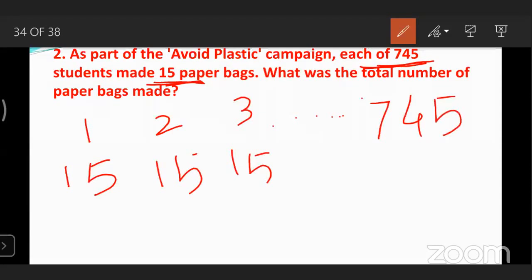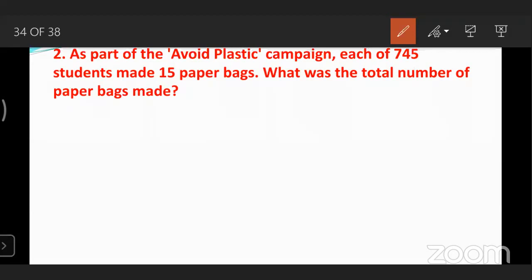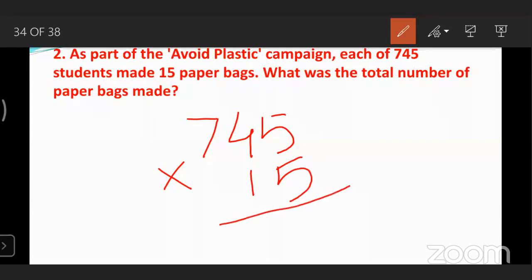We cannot add like this because it will take a lot of time. So we have to multiply. The number of students is 745, multiplied by 15, right? You can solve this sum in your notebook. 745 multiplied by 15.